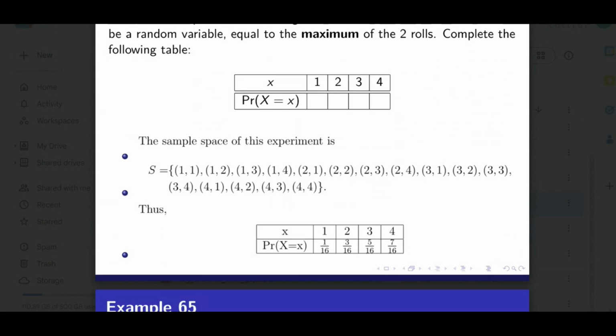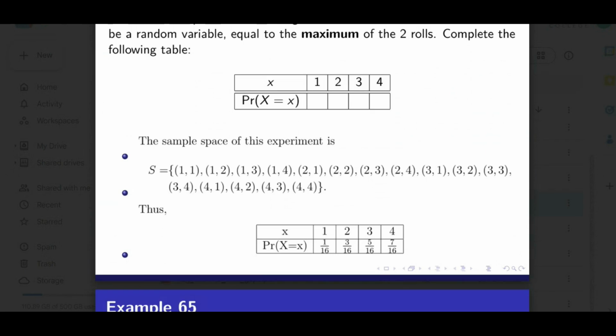And then for the maximum to be 4, a whole bunch of ways this could happen. As long as one of them is 4, that will fulfill the criterion already. So just count cases. The important thing to note here is the definition of the random variable. That's quite important. Sometimes students have a bit of difficulty knowing what you are measuring.